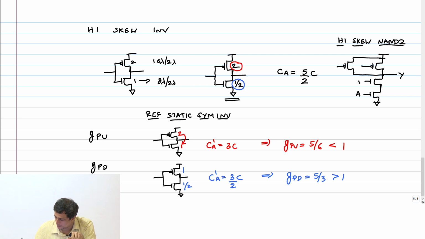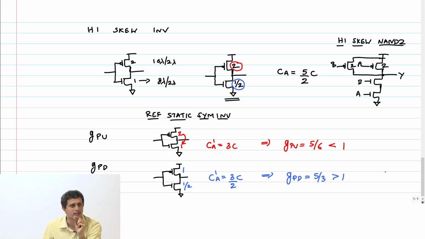Inputs A and B. What will be the sizes of these transistors? I want it to be a high skew NAND, so the PMOS should be 2. You don't change that. This will be 2.